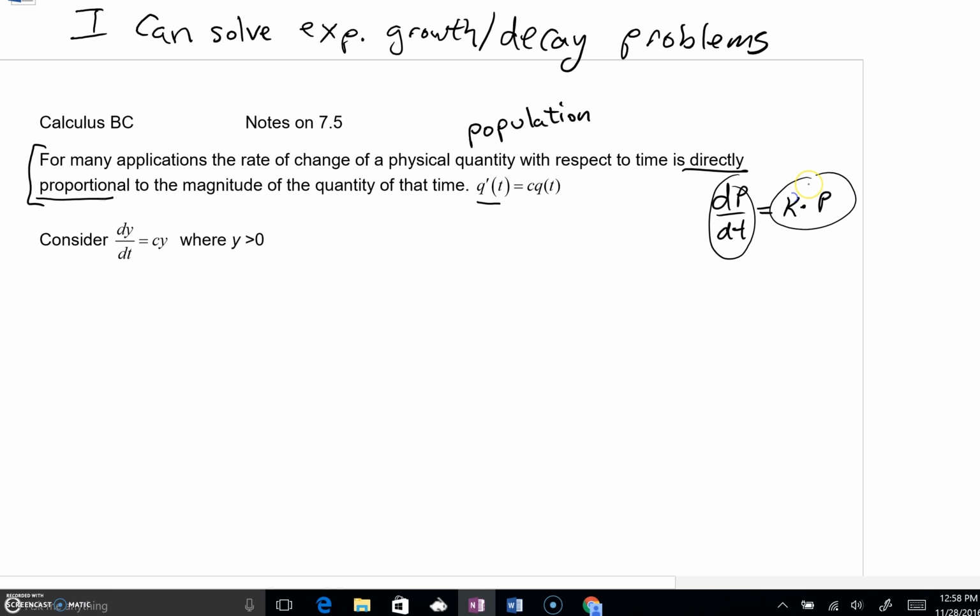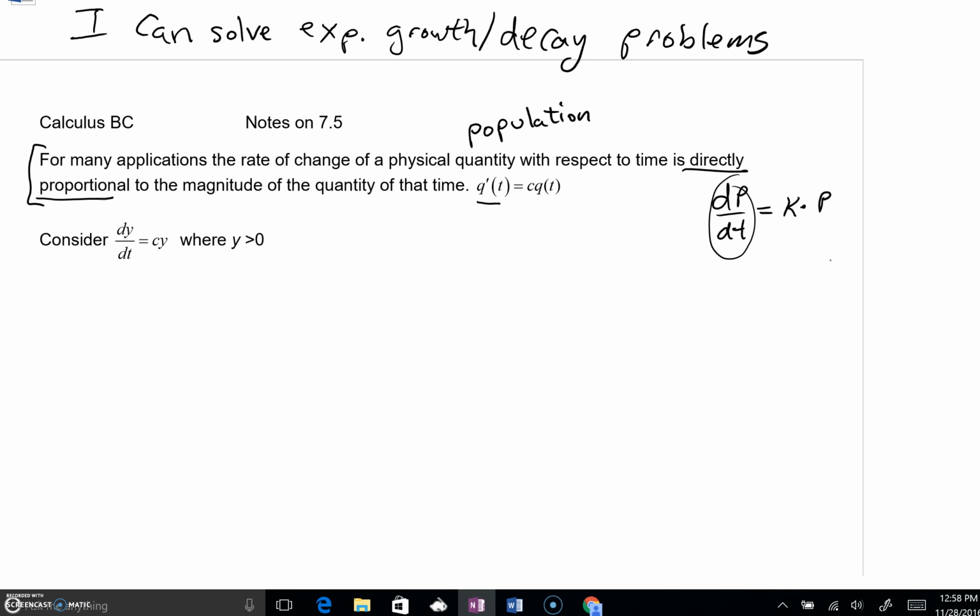You can see that it would make sense that that change in population is proportional to the population at hand. Whereas if you have a larger population, you might expect to have a larger rate of change. You could get a lot more reproducing and so forth. So that is a reasonable type of a differential equation.